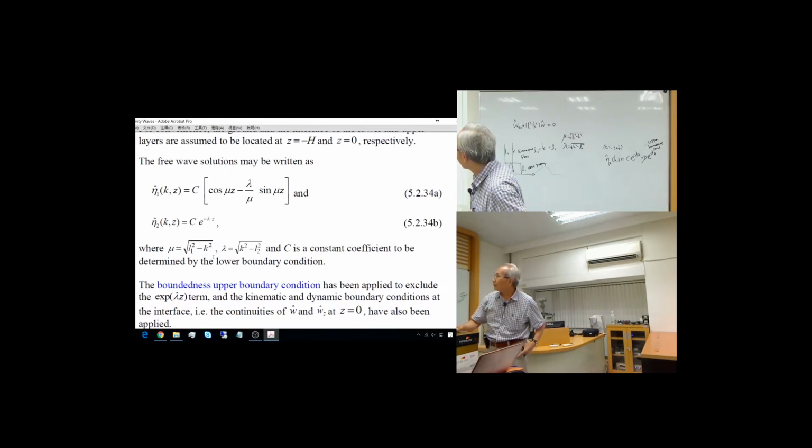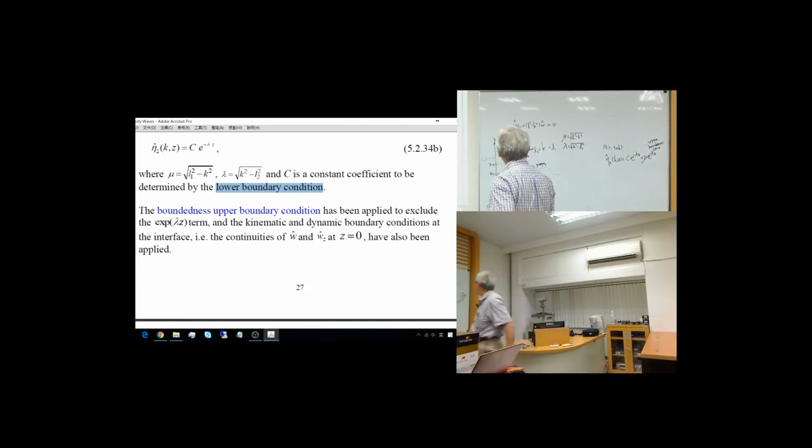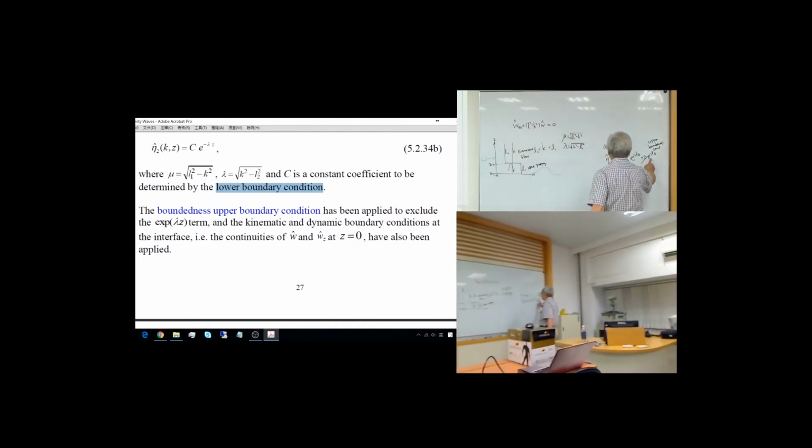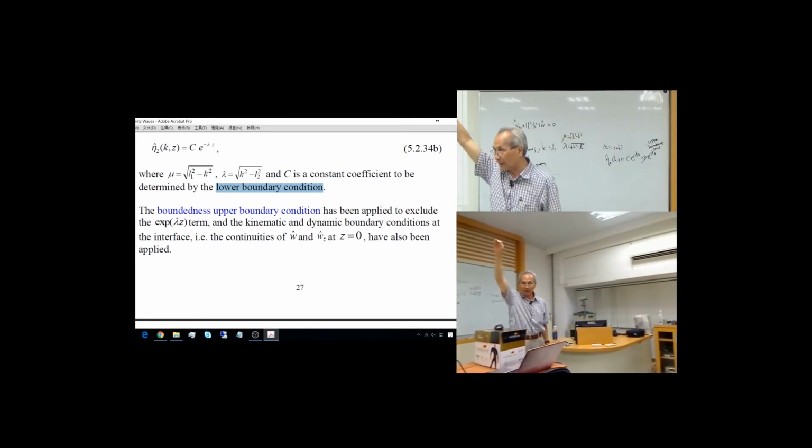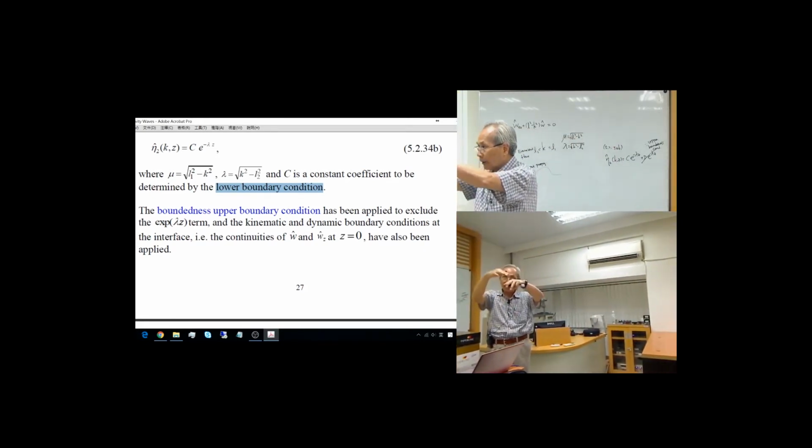I gave the solution here already. The upper boundary condition is already applied, so we knock out e to the lambda g, because we cannot have amplitude increase with height. The source of energy is here, so amplitude should be smaller and smaller.